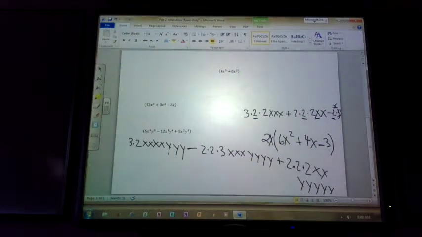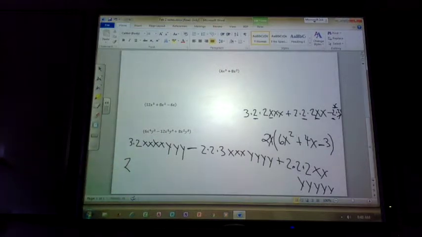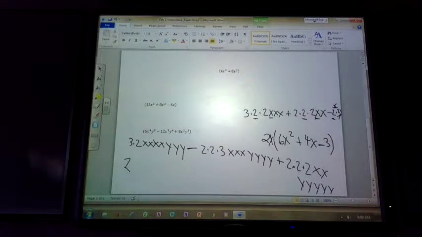Mac, give me a number I have in common between all 3 sets of terms. 2. I agree. Do I have a 3 in common on all 3 terms? No. Okay. Mackenzie, how many x's do I have in common between all 3 terms?